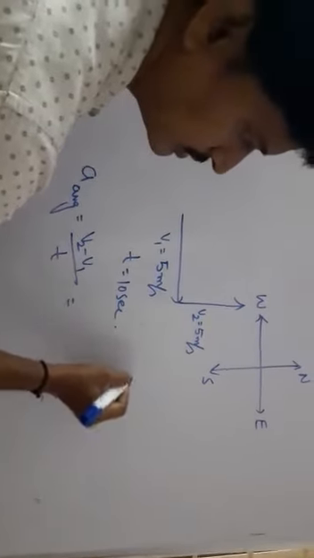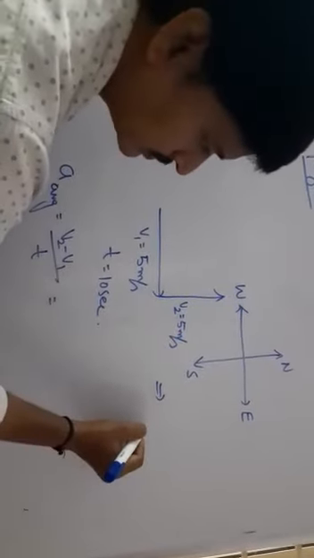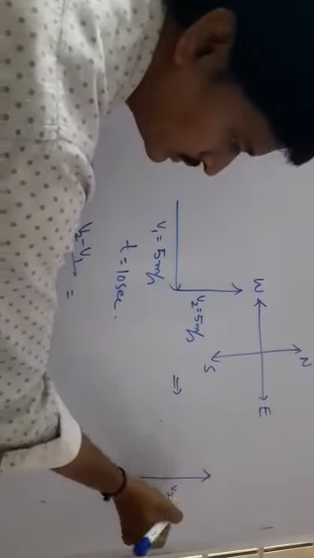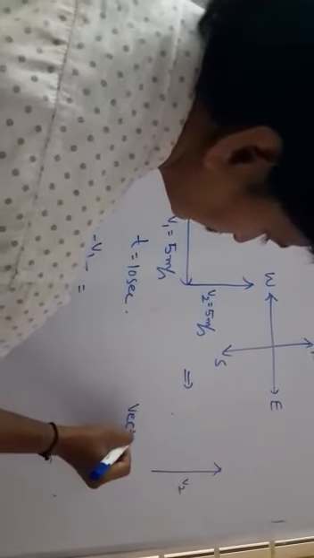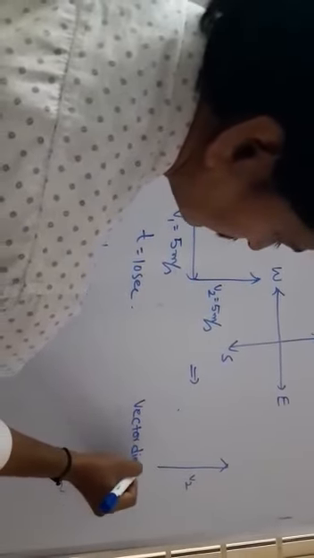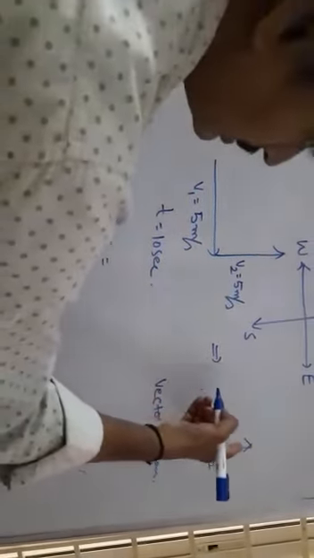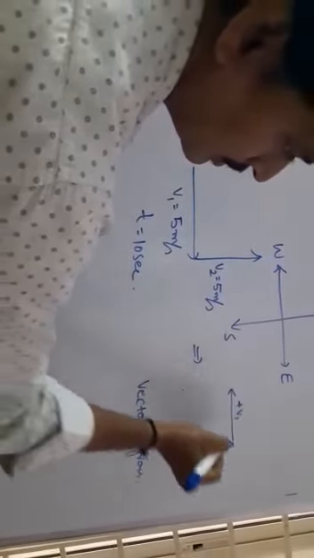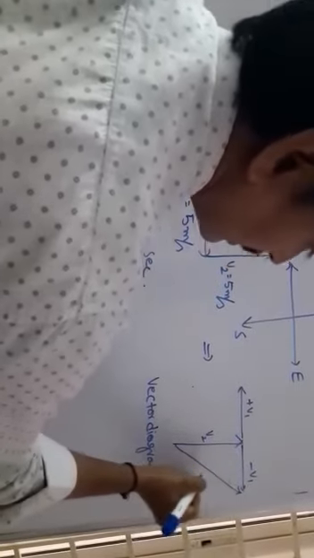Here is the vector diagram of this. First, v2 is written as it is. Then this is minus v1. The resultant is closing the triangle taken in reverse order.